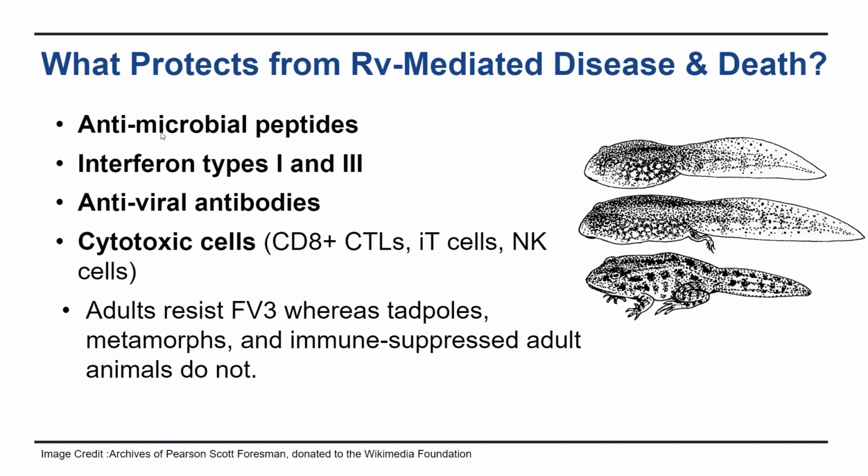So this combination of antimicrobial peptides, a variety of interferons, antiviral antibodies, and cytotoxic cells basically allows animals to survive infection. And the surprising thing is that adults are relatively resistant to FV3, whereas tadpoles, metamorphs, and immune-suppressed adult animals are not. And so one sees infection, but not a lot of mortality in adults. One sees morbidity and mortality in these other classes of amphibians.